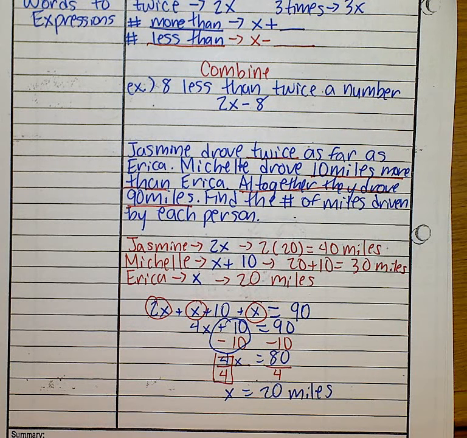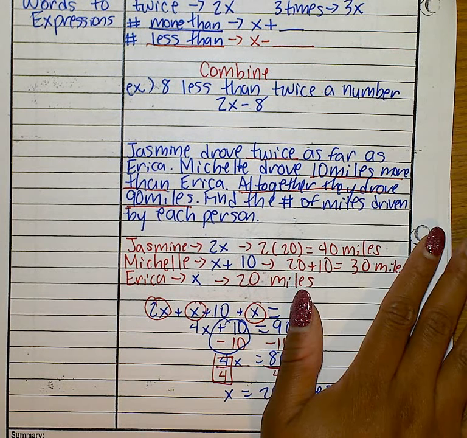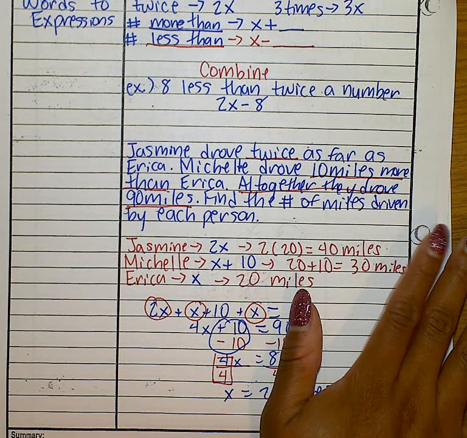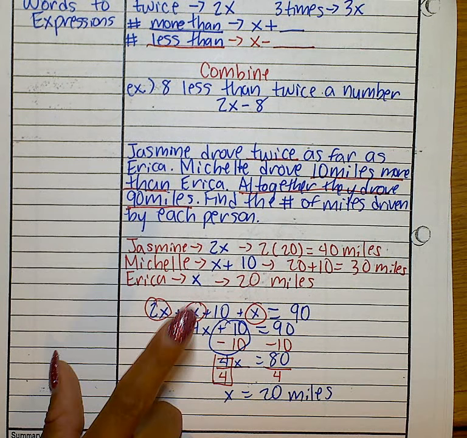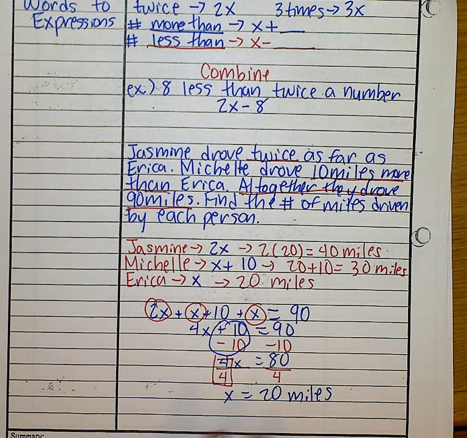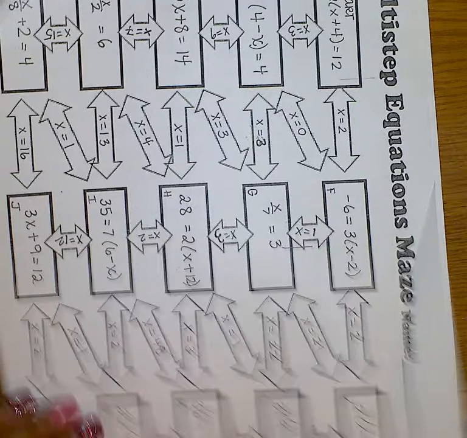Now, the idea is that on your Chapter 7 test, we do not want to use the 5D process anymore. I noticed that some people are doing it in Chapter 6. We are done with it. We need to see you solving equations. If you would like some extra practice, please raise your hand. You will be doing this multi-step equations maze.